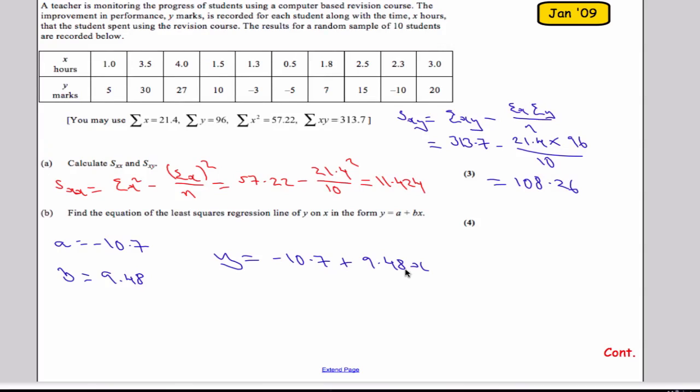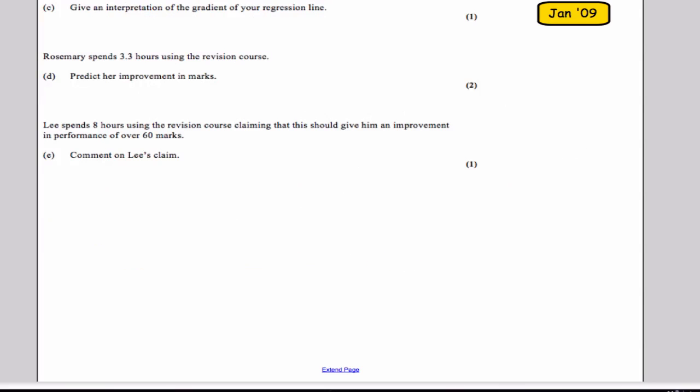So let's have a look. The gradient is 9.48. X was the number of hours, and that's a positive number. So as the number of hours increases, the value of y, or the number of marks, should increase as well, because it's got a positive gradient.